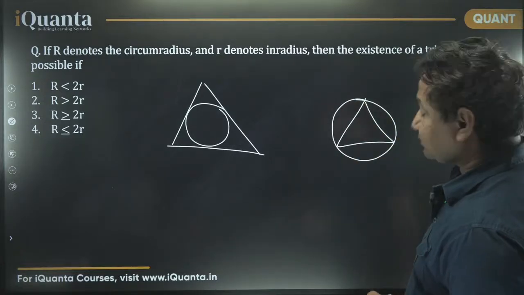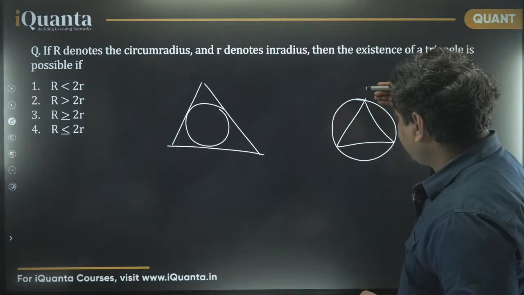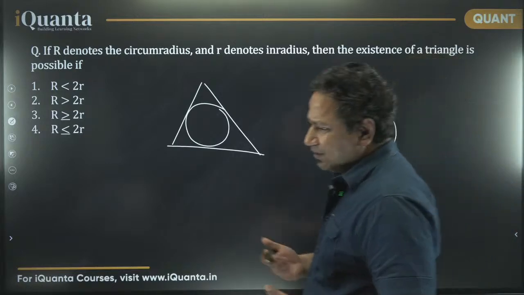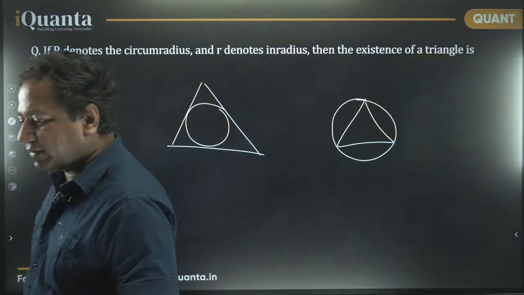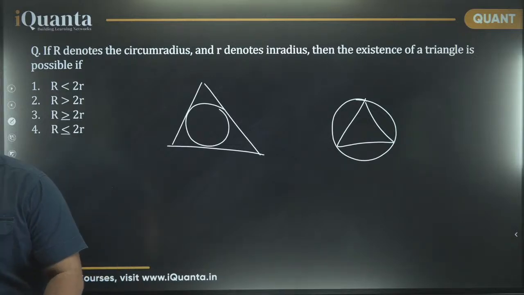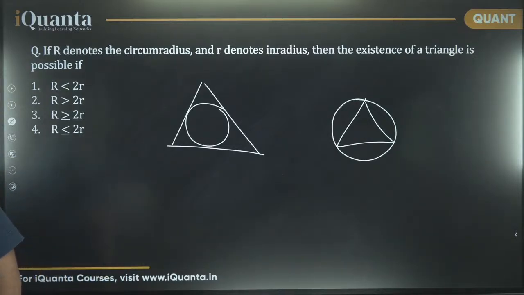So this is minimum. If it is contracted further, it will go inside the triangle. That is the basic difference. All right. Is that clear, everyone? I hope it is.